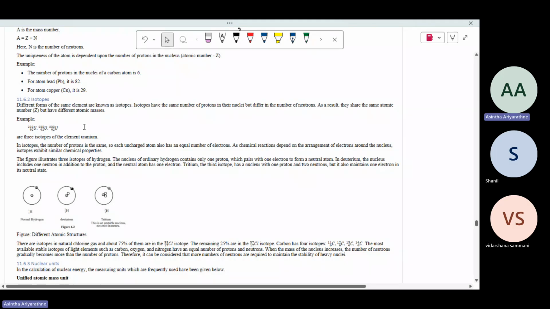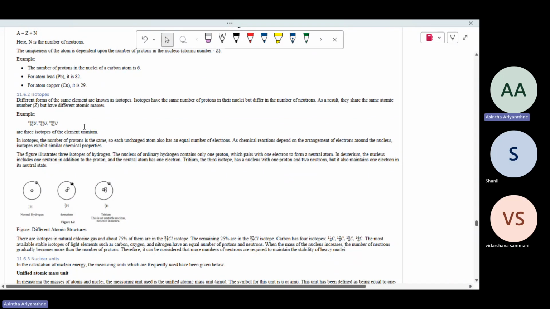Which means the number of neutrons is different. Those are called isotopes, having the same number of protons but a different number of neutrons.